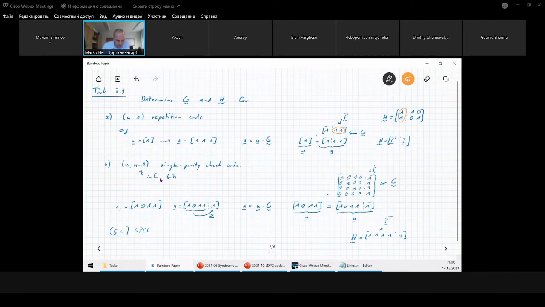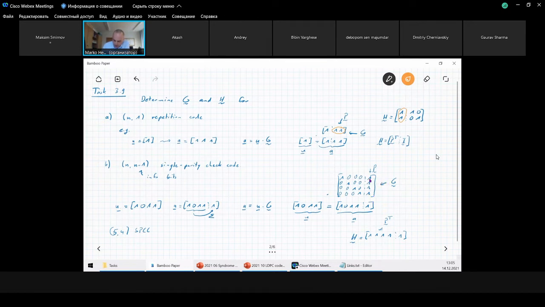Okay, then we did the same for the single parity check code of an arbitrary size. So we have n-1 information bits followed by one parity bit, so code words of length n containing n-1 information bits. And also this can be described by a generator matrix.